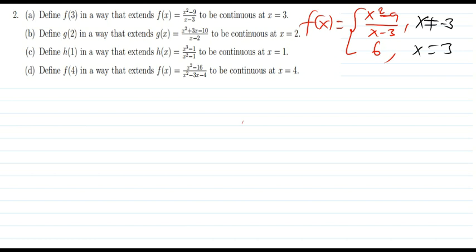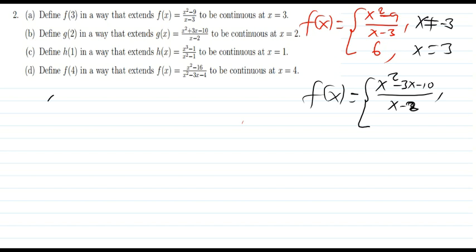Therefore, I need to get the denominator and set it equal to 0. So the first part is going to be x squared plus 3x minus 10 divided by x minus 2. Now what is the condition? I need to get the denominator, set it not equal to 0.